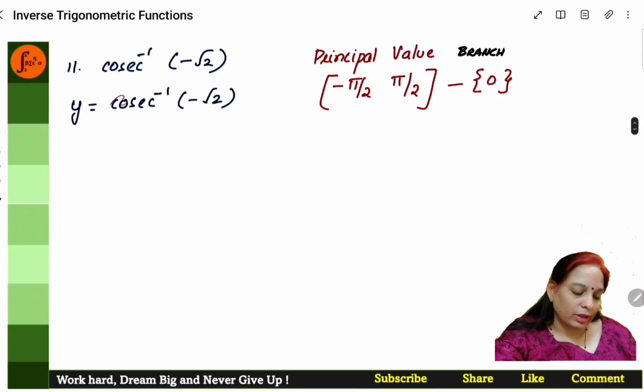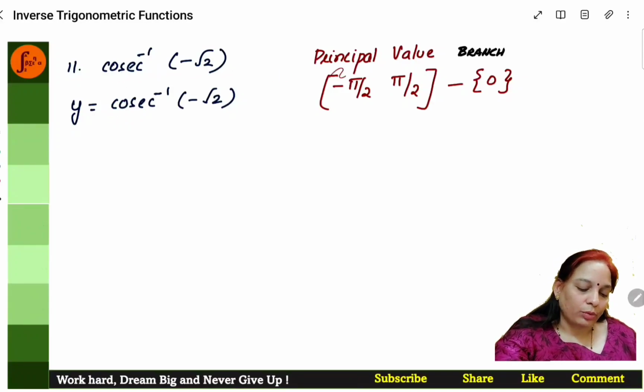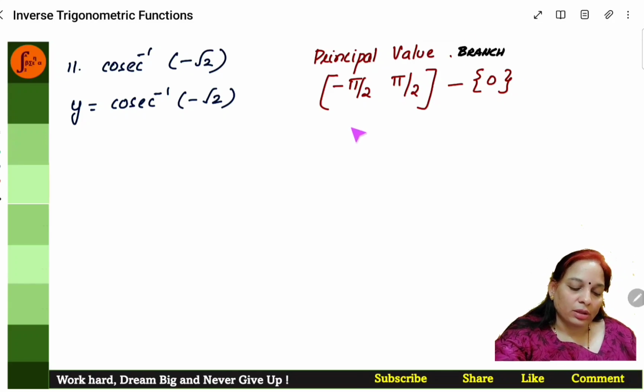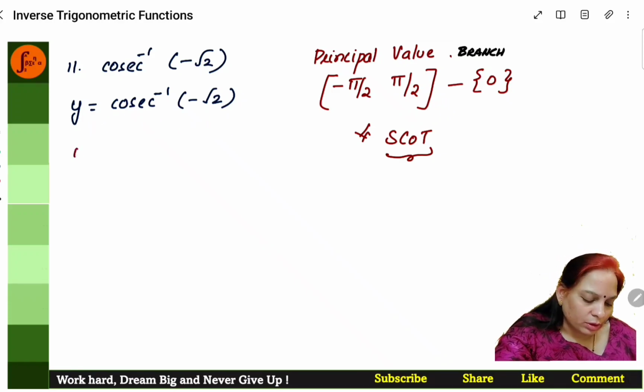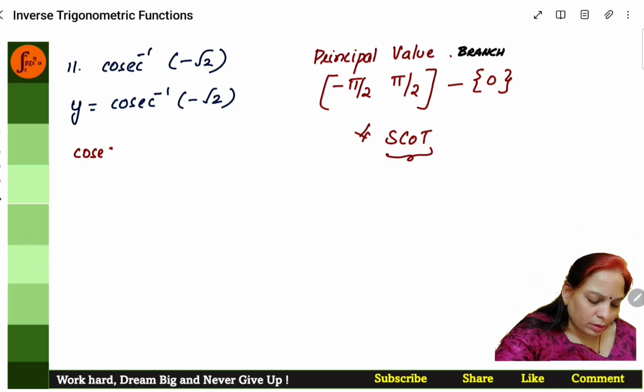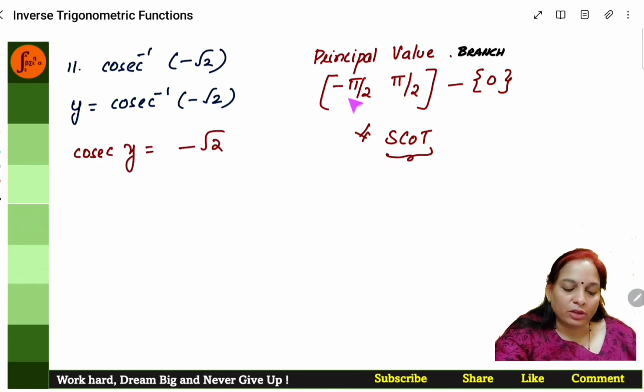Now let's look at the 11th problem. Cosec inverse of minus root 2. Now what is the principal value branch? This falls under the sine group, remember, and the range is minus pi by 2 to plus pi by 2. We assume that y is equal to cosec inverse of minus root 2, which means cosec of y is equal to minus root 2. Now we can have minus values in this range, right? Minus is part of this range.